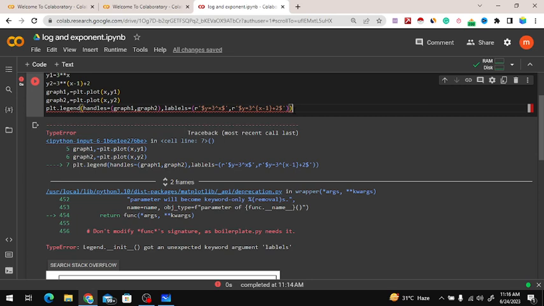So let's see this. Sometimes I get a problem, but it's an argument problem. So it's x minus 1, and graph1 I have already written, and plt.show.